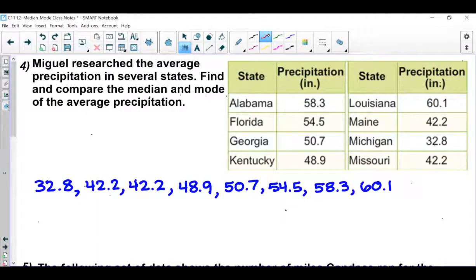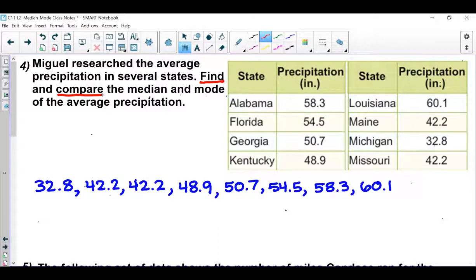These directions want us to find and compare. I haven't showed you how to compare yet. I showed you how to find. Find and compare the median and mode of the average precipitation in each of the states.